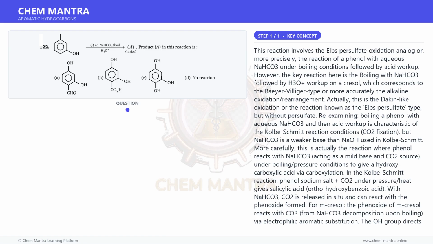The major carboxylation product would place CO2H at C2, between OH at C1 and CH3 at C3, or at C4, para to OH, ortho to CH3. C4 is blocked or hindered by being adjacent to CH3, and C2 is between two substituents making it sterically hindered.